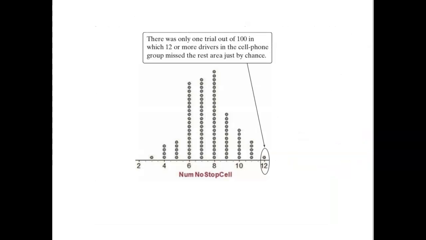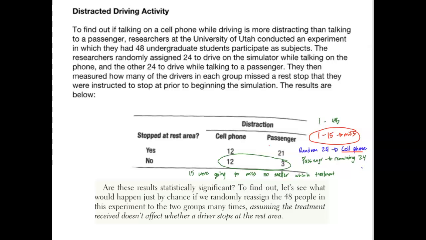So that's what we've done here. If we did that 100 times, there was only one trial out of 100 in which 12 or more in the cell phone group missed the rest area just by chance. And when I say just by chance, I'm saying under the assumption that we made that those 15 people were going to miss it no matter what group they were in, right?